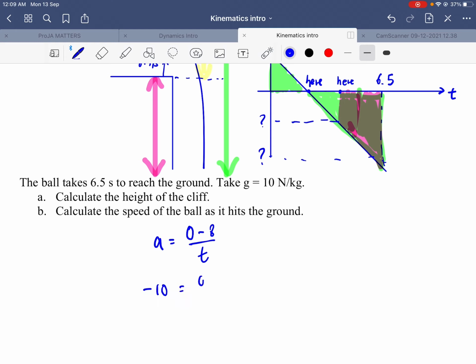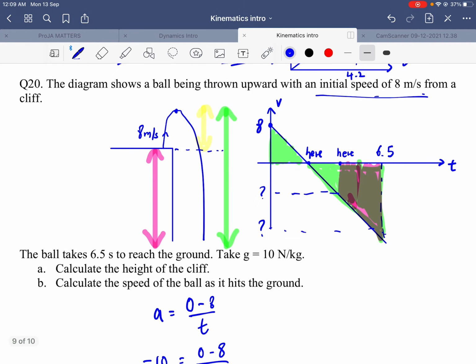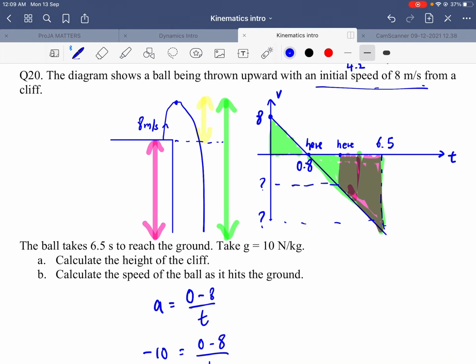So it will be -10 equals -8 over t. Therefore, t will be 0.8 seconds. You know that this time interval is the same for going down also. Therefore, this will be 0.8 seconds after 0.8 seconds, and therefore this will be 1.6 seconds.